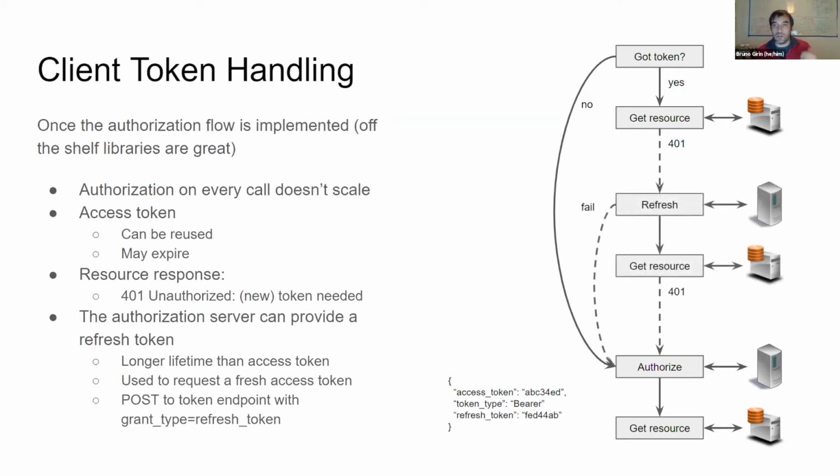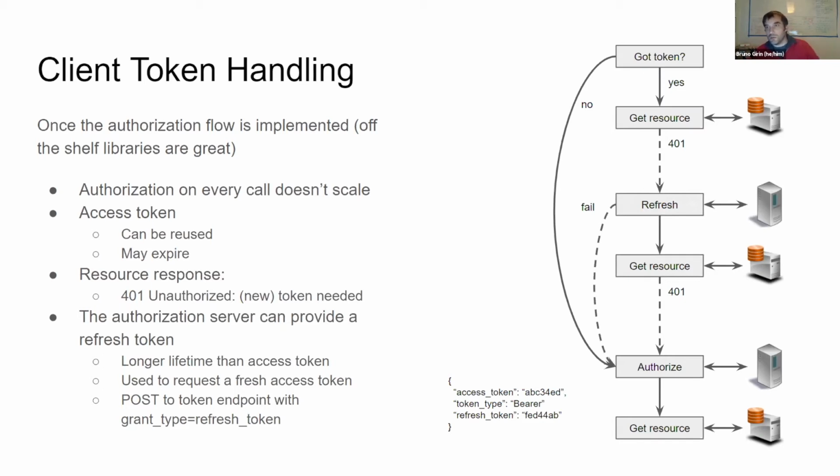What the refresh token does is it allows you to refresh your access token if you can't get your resource, by sending a post request directly to the token endpoint with the refresh token and getting a new access token.